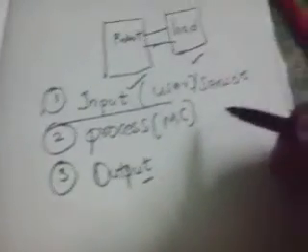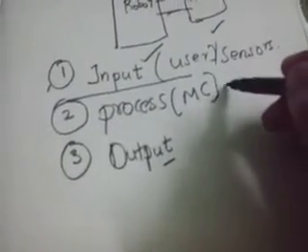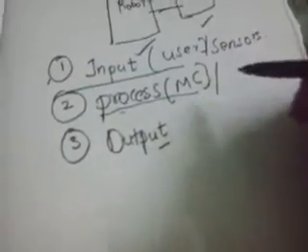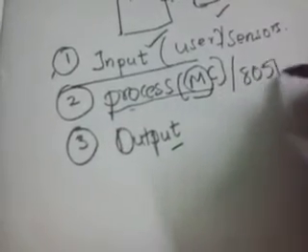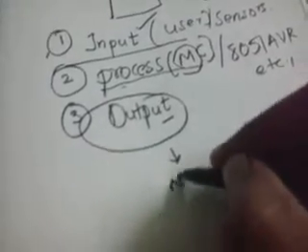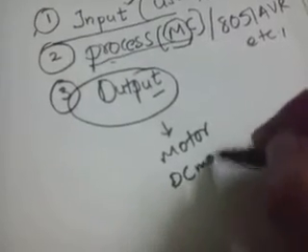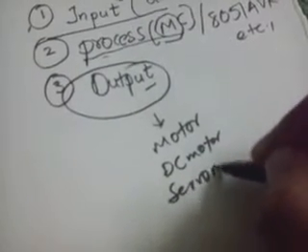There are various types of sensors available in the market, and the automation or control can be done by using a microcontroller such as 8051 or AVR series, etc. And the output is nothing but any motor, for example any servo motor, or DC motor, etc. So these are the basic requirements that we need to construct a robot.